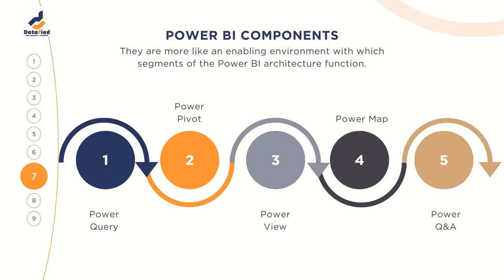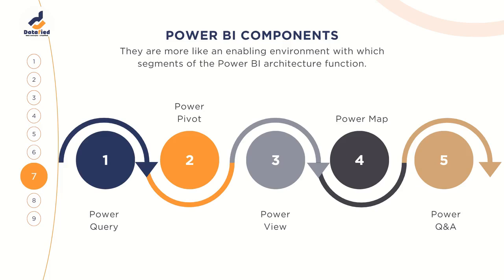Now, the next and last Power BI component I'd like to mention here is called Power Q&A. What is it used for? Power Q&A is a natural language query tool in Power BI, which allows users to ask questions about their data using plain language, such as what are the total sales this month?